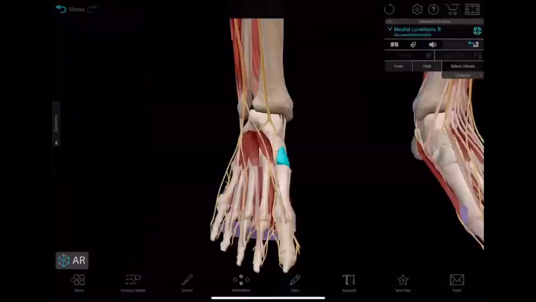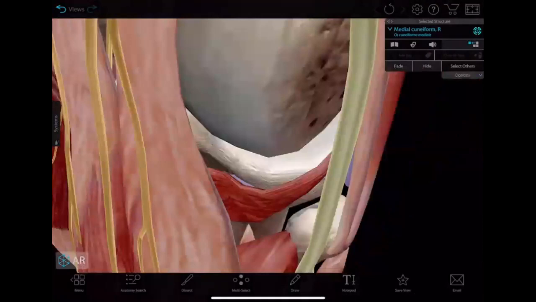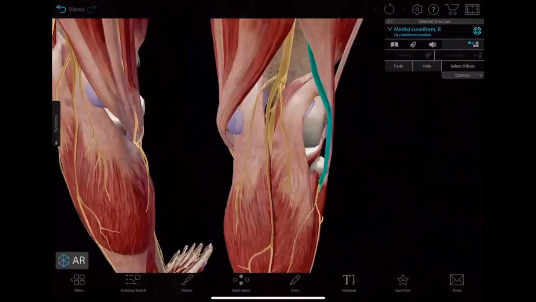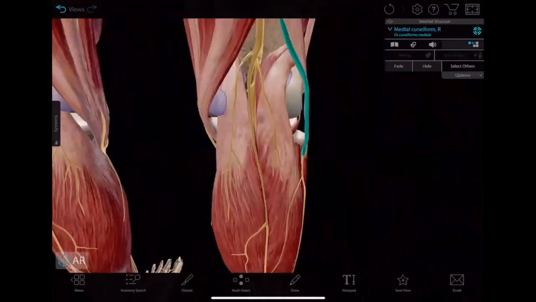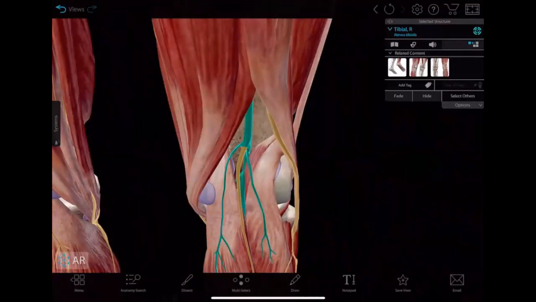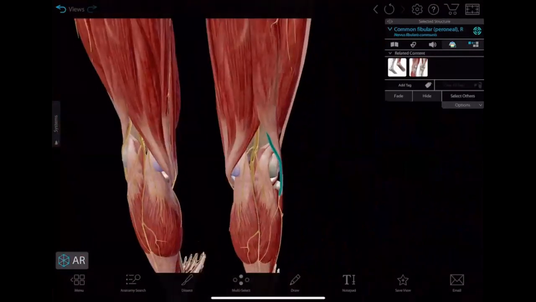So, let us see how it is. This one is tibial now, this one is common peroneal, right? So, this is the biceps femoris long head.